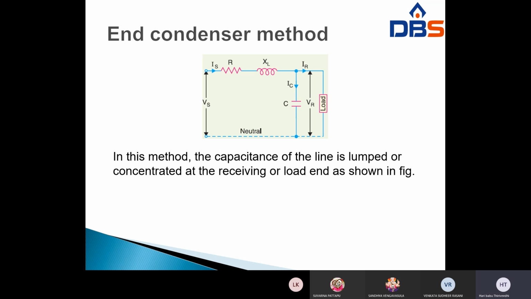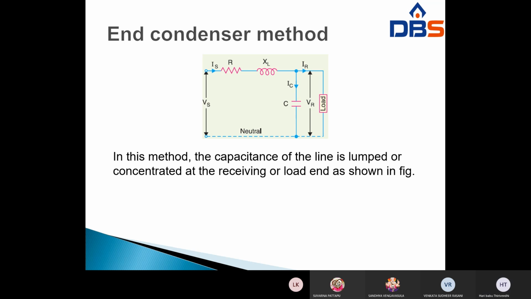So take IR cos phi R as common factor and the j term as common factor. Therefore voltage drop is equal to IS into Z, is equal to IS into R plus jXL. Sending end voltage VS is equal to VR plus ISZ, that is VR plus IS into Z, where Z means R plus jXL.